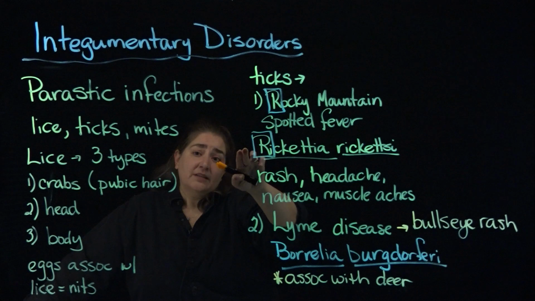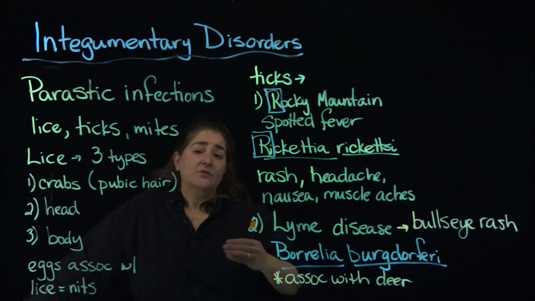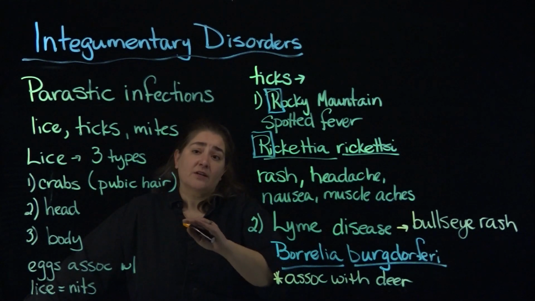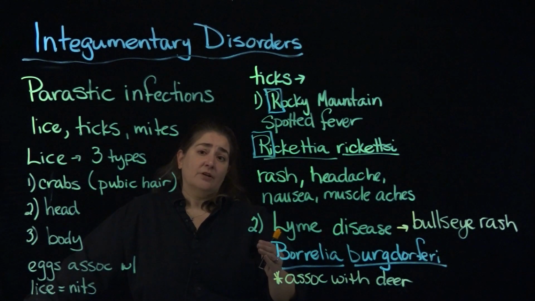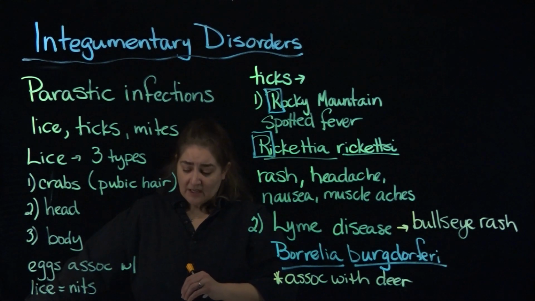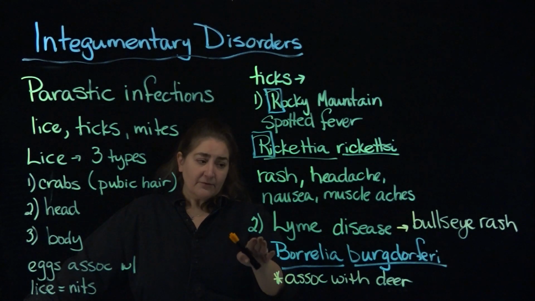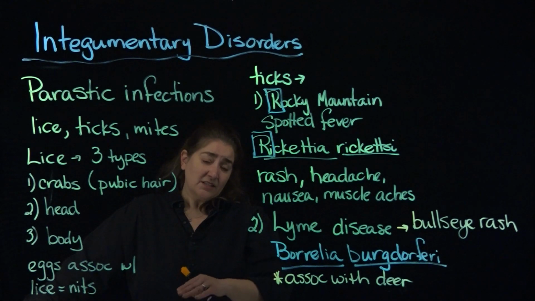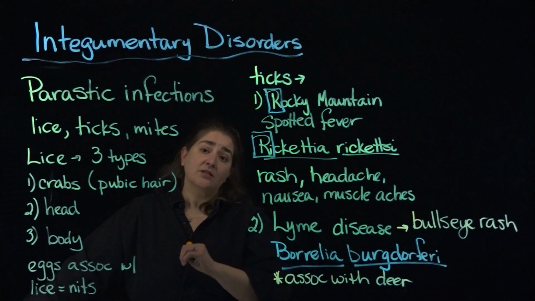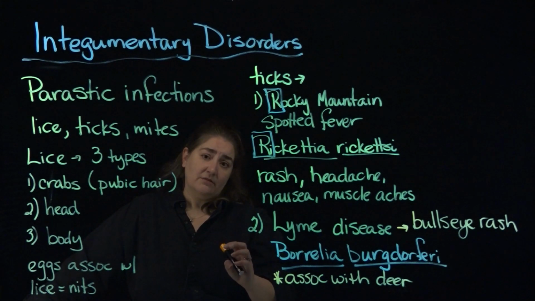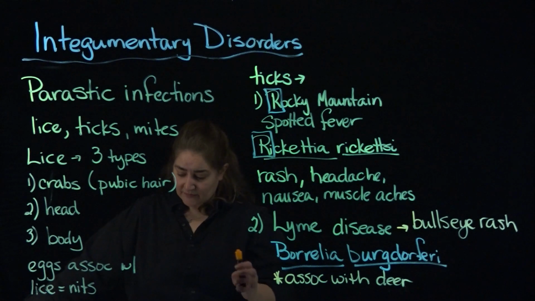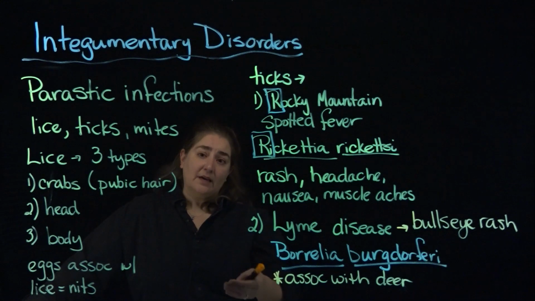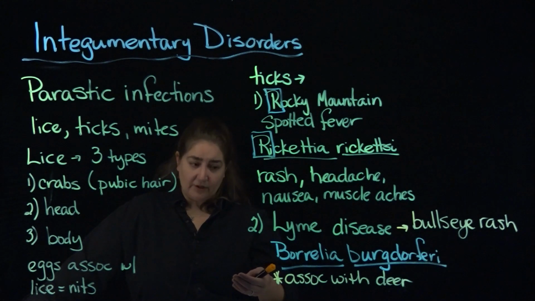The tick has to bite the individual in order for the bacteria to get into the system. So that's why I've got these under parasitic infections rather than bacterial infections. But these do respond well to antibiotics. If Lyme disease is not treated, it can progress to meningitis, and it can progress to cause cardiac or heart disease for the individual as well, okay? But again, because it's something bacterial, can be treated with antibiotics, okay?